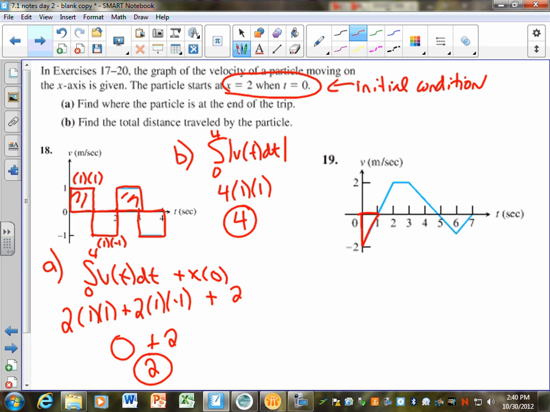You could break this up. Lots of people break it up into 2 triangles and a rectangle. But I'm going to break it up into a trapezoid. And after learning the trapezoid rule, we should know that. And then another little triangle here. So take a few minutes and see if you can set up those integrals for part A and part B, and we'll see if we agree.